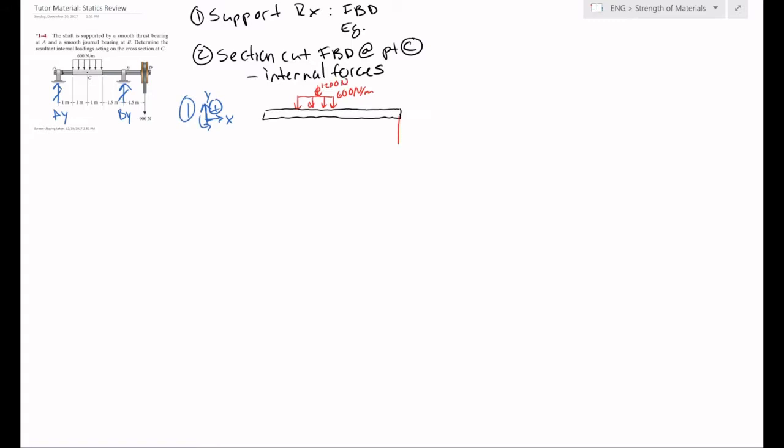And then we have the 900 newtons over here at D going down. And then we're trying to solve for our support reactions at A and our support reactions at B. And here is C, which is where we're going to do our cross section and find our internal loadings after we found these support reactions.